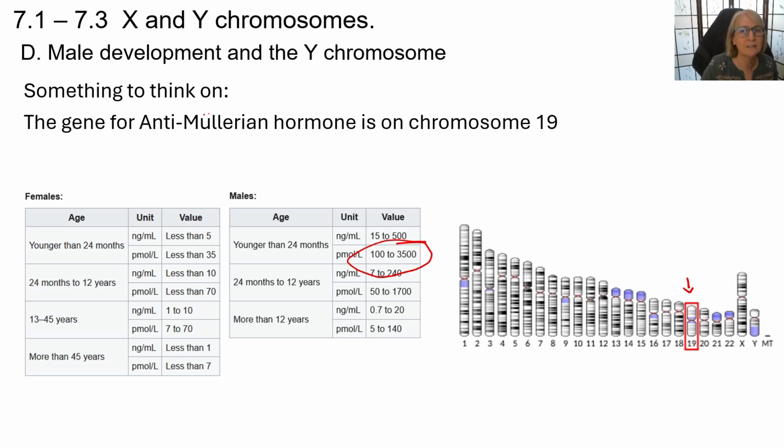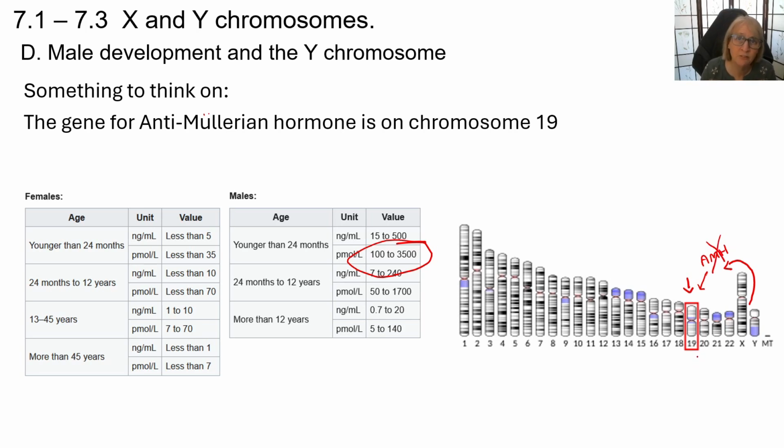So you can already see the kind of questions I could ask you, which would be super, okay, I admit, maybe it's not fun, but interesting to think on. If you have the Y, but fail to make anti-Mullerian hormone, what does the 19 code for then?